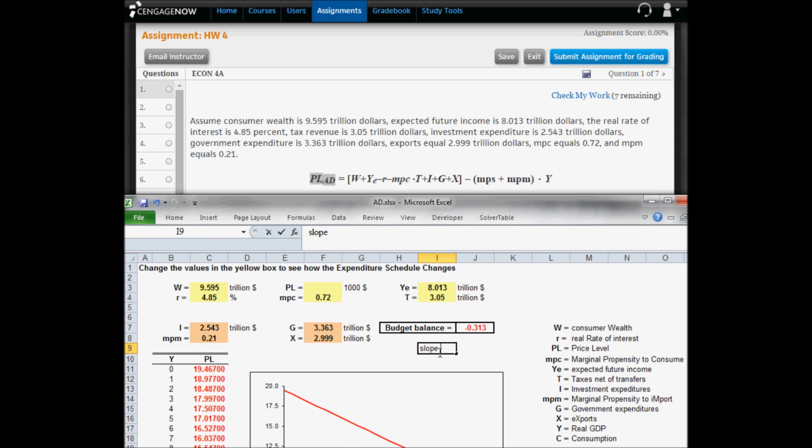The slope of the aggregate demand model is the marginal propensity to save, which equals 1 minus the MPC.